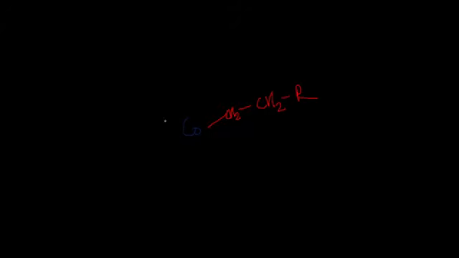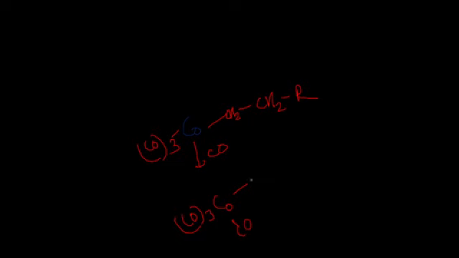Then there is an addition of carbonyl. Already here there are how many carbonyls? CO3 is there. Then after that, this carbonyl, this is CO3, and this carbonyl is attached here, and here this is our CH2 CH2R.